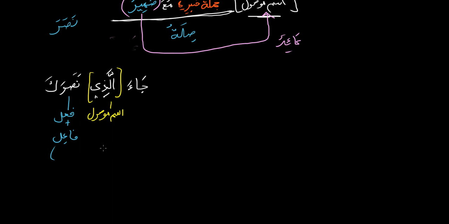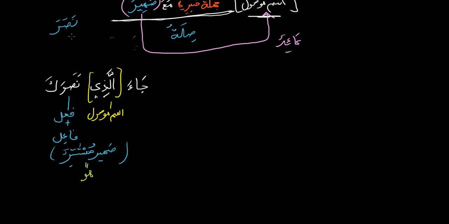It's damir mustatir, which is a hidden damir. What's the hidden damir? This is huwa. Damir mustatir, which is huwa.